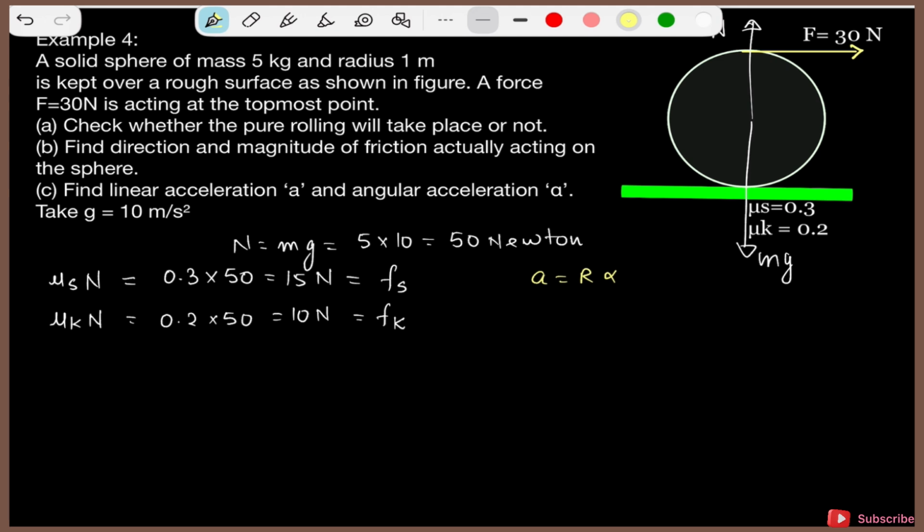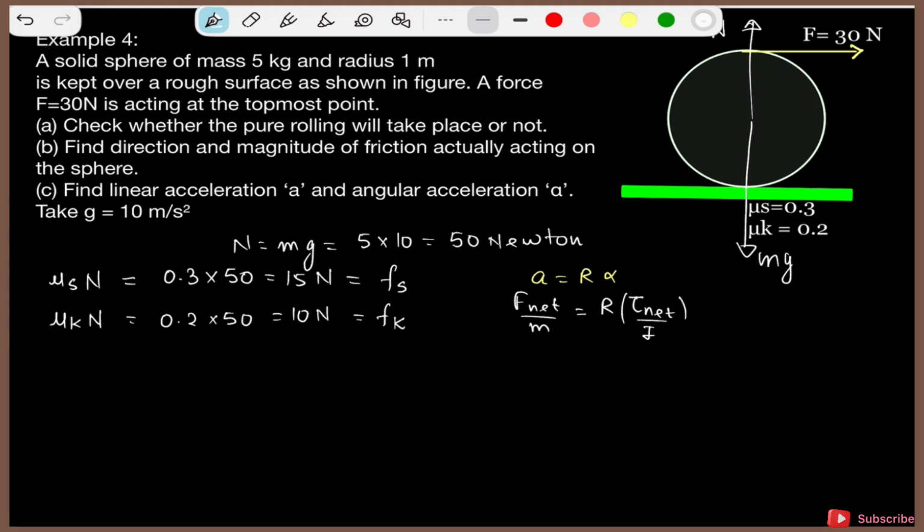It means this equation will be satisfied. So acceleration is net force divided by mass, correct? And alpha is nothing but the net torque acting on the system divided by the moment of inertia.